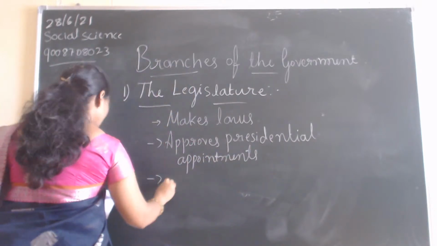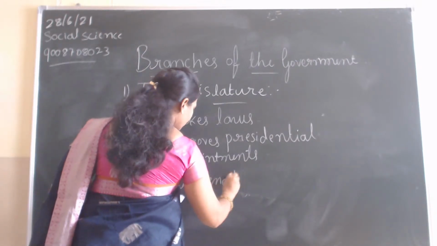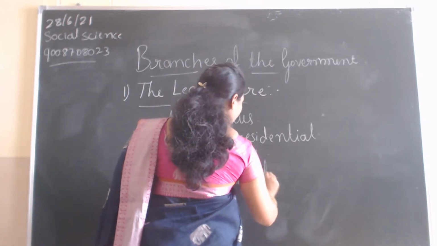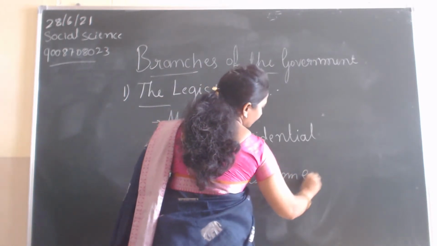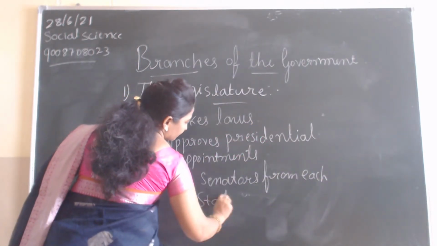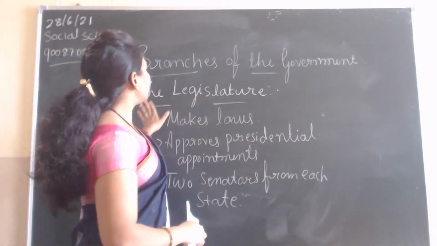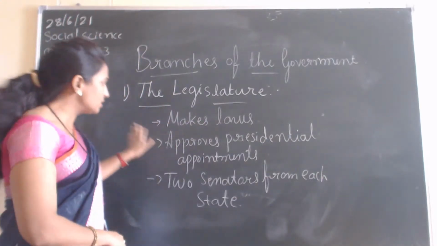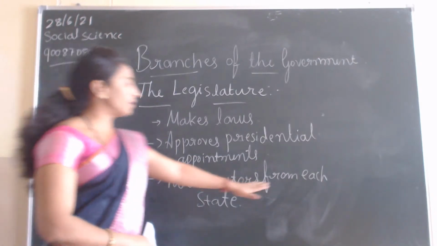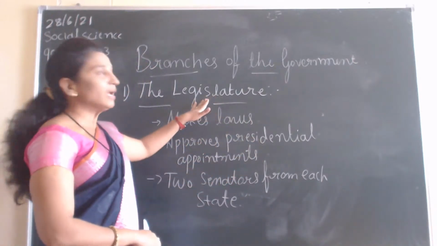Third, two senators from each state. In this branch of the government, the legislative, they will make the laws, approve the presidential appointments, and two senators come from each state. These many things will come under the legislature.